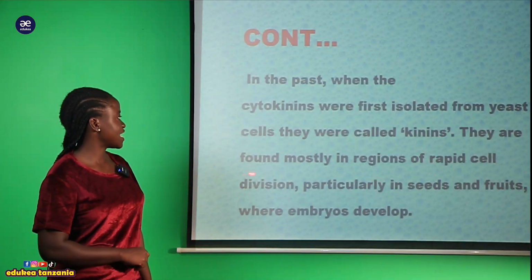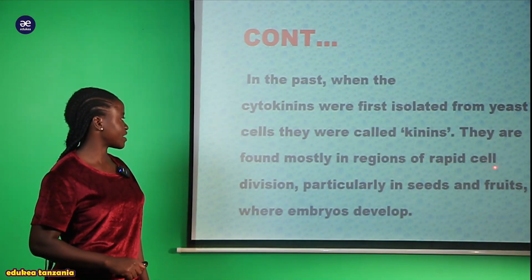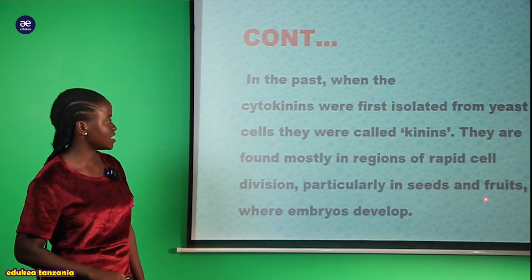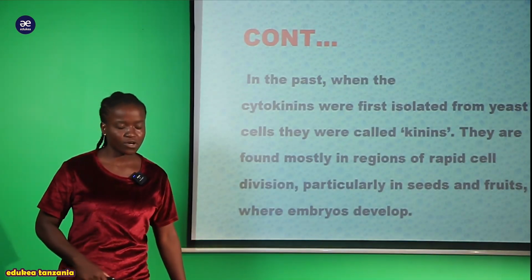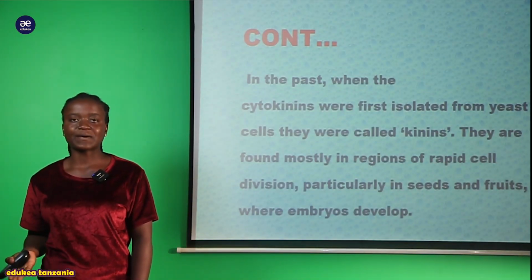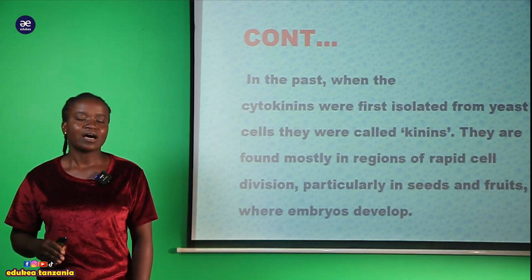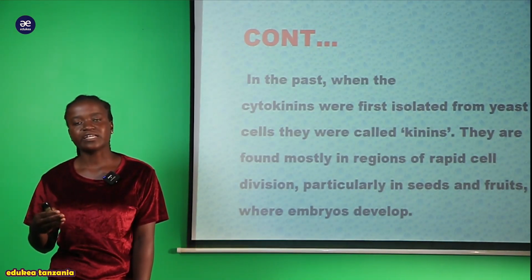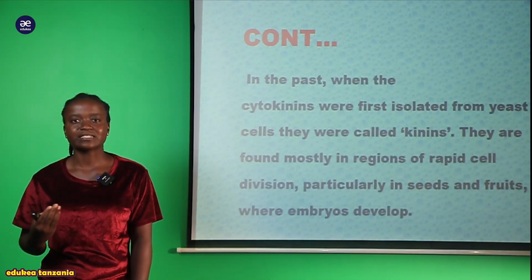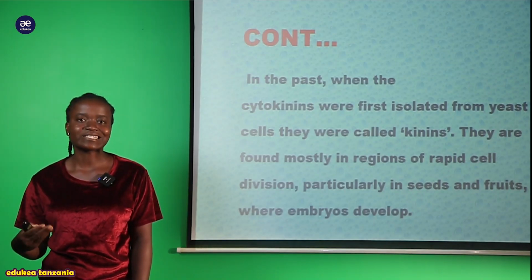So now they are found mostly in the regions of rapid division, particularly in the seed and the fruit where the embryos develop. Baadaye sasa ndipo ambapo hii cytokinins ilikuja kugundulika kwamba ipo ndani ya ile sehemu ambazo za mmea zinazofanya cell division kwa urahisi zaidi.